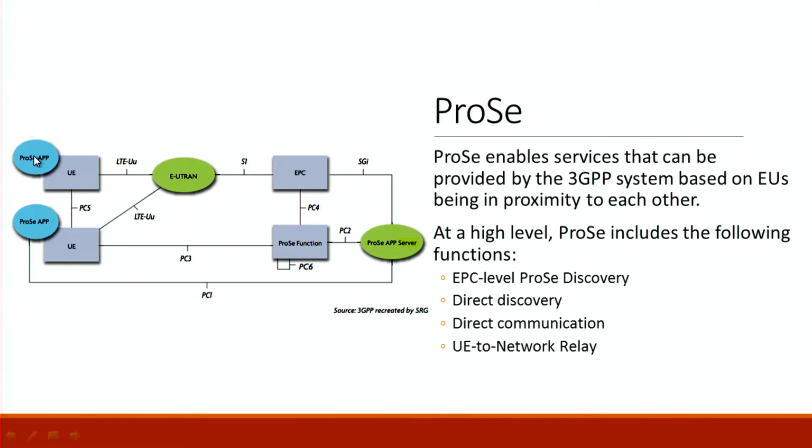The applications will talk to an application server using, of course, the D2D communication, and also they will be able to reach the server through the coverage under which they are. And then there's this ProSe function whose task it is to authorize and keep track of who is using the D2D under a specific coverage.